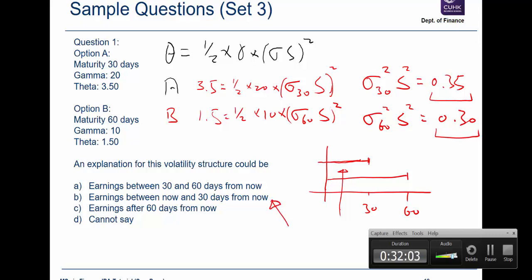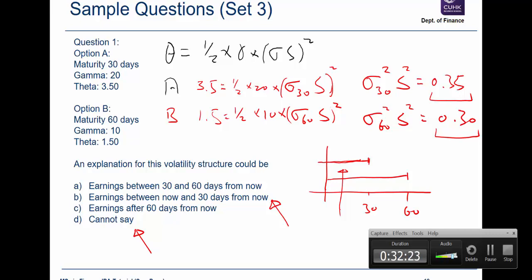Now, if you had to pick the best answer from here, B can actually explain this. I mean, you can say D, but the thing about the art of multiple choice is that you always try to pick the best answer.